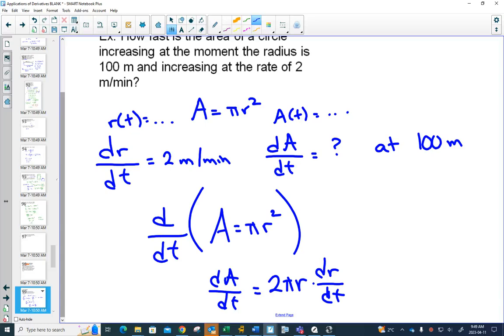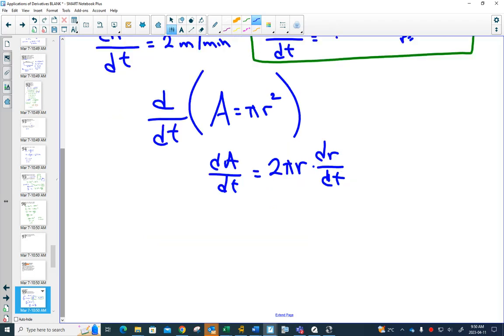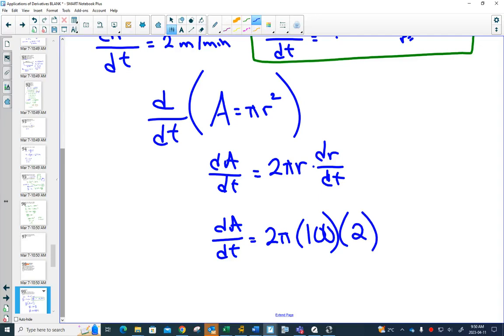What do we want to find? This is what we're trying to find. We're trying to find dA/dt when r is 100. Do I have all of the information now that I could plug in? Well, I want to find it at 100. Do I know dr/dt? Yes, that was given to us to be 2.